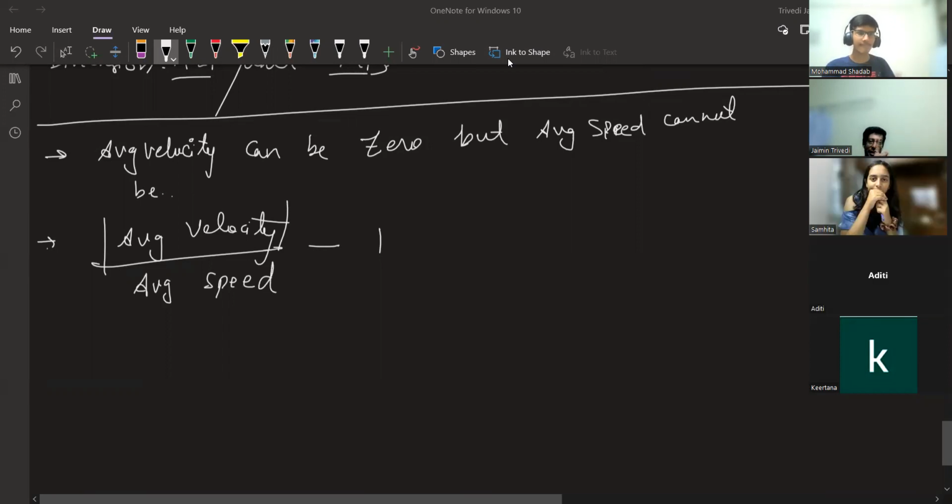So will the ratio of average speed and velocity be more than 1 or less than 1? You said equal to 1 is possible. Fine, they are equal. But it can be more than or less than. Less than, because speed can be greater. The greater the speed, the denominator is greater. Hence, the value becomes lower and lower. So it's somewhere between 0 and 1.